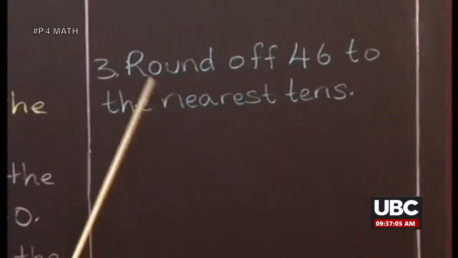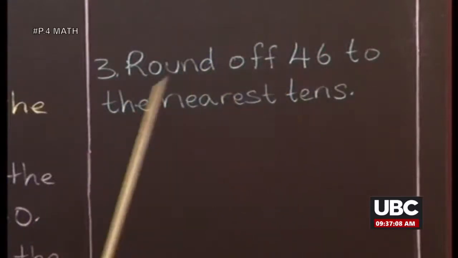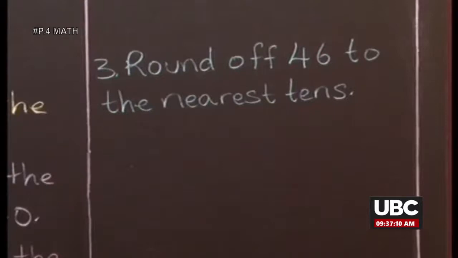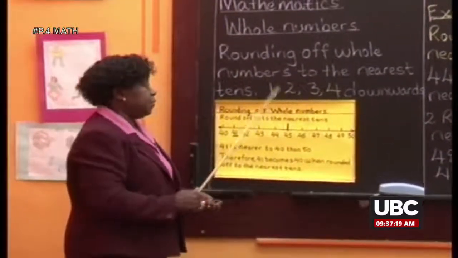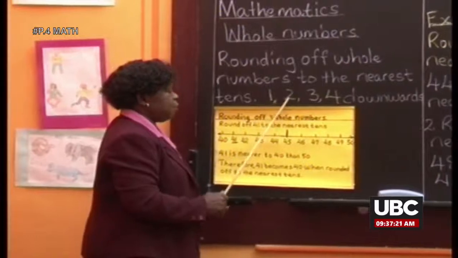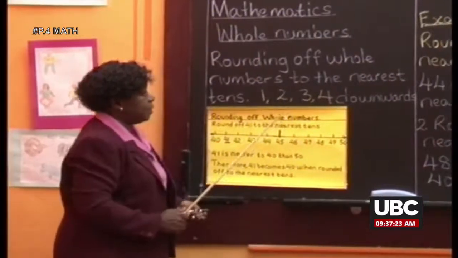Our next number says, round off 46 to the nearest tens. Go back to our number line. Remember I said numbers ending with any of these digits, you round off downwards.